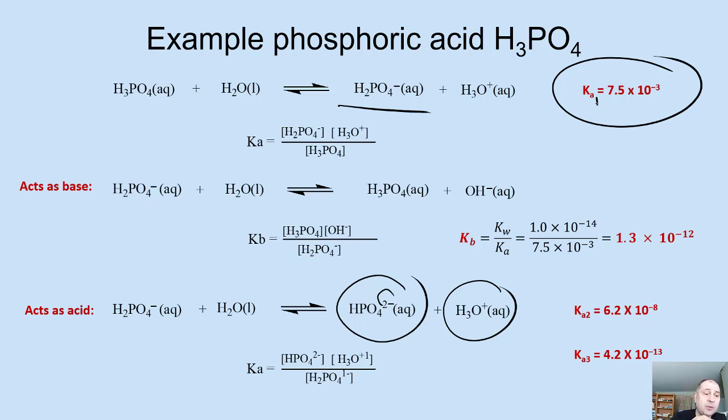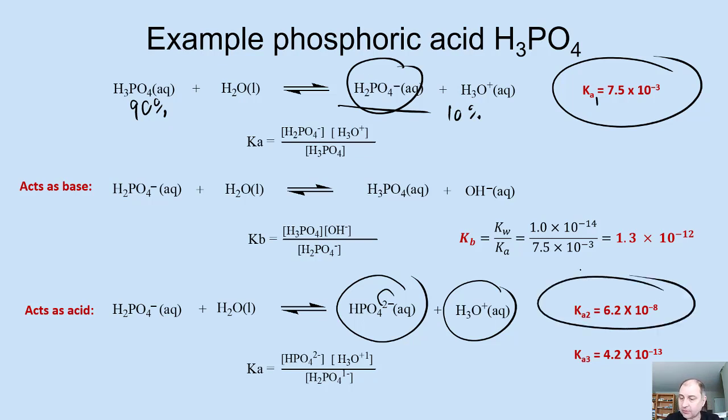That means we probably have more than 90% of it is present as this, and then 10% of this breaks apart. And then of the 10%, even less distributes or is dissociated in this step here. So we have even less of this present here, 10 to the minus 8. And then the third one is actually 10 to the minus 13. So there's very, very, very little of these other species present.